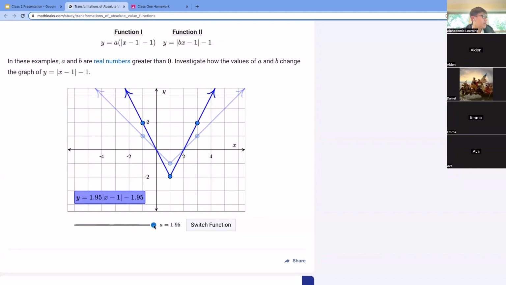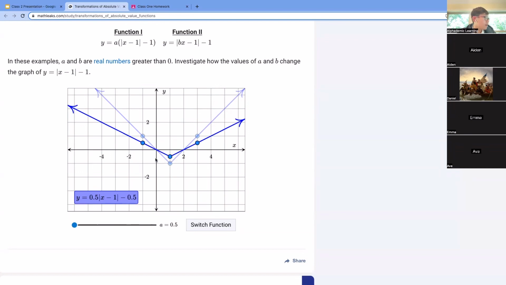As A gets greater, the dots get stretched out more. It is a vertical stretch, because the dots are farther away from each other. And then you can see that when A is less than 1, it shrinks. The vertical distance between the dots closes.